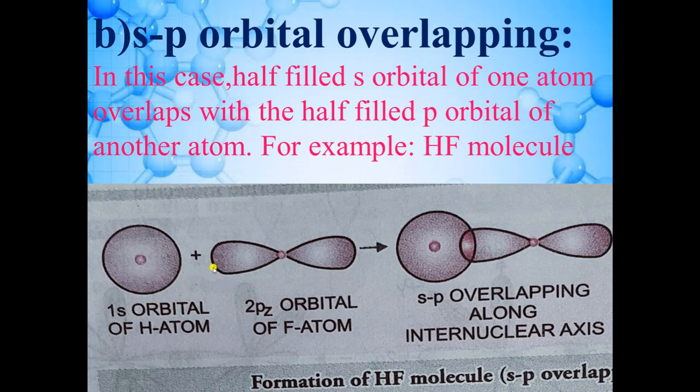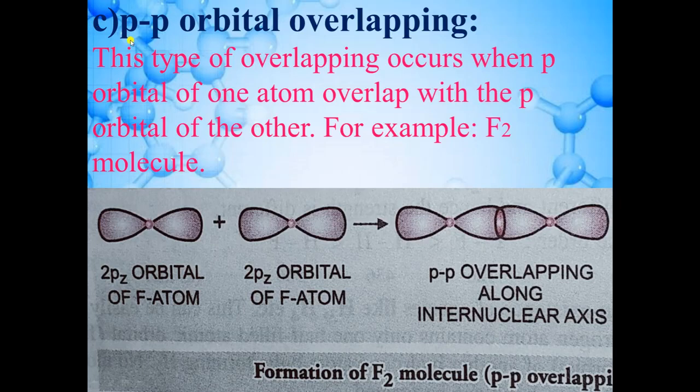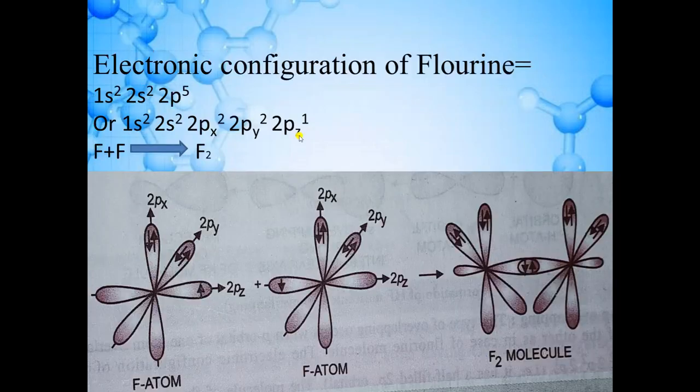Now there is also one more case, that is pp orbital overlapping. Here a p orbital will overlap with another p orbital, and the overlapping looks like this. Here we will take the example of the F2 molecule. When we write the electronic configuration of the F2 molecule, 2pz is partially filled, only one electron is present, right?